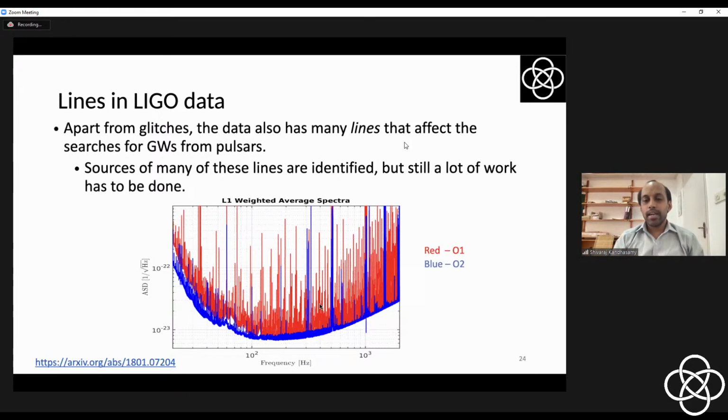But there has been a lot of improvement from one observing run to the next. For example, the blue curve is for the next observing run, O2, and you can see that after a lot of effort, we are able to remove a lot of these large lines that we saw in O1. So there is a lot of instrumental work that goes on to identify these noises. Either they could be glitches that happen for a short duration, or they could be lines that persist for a long time. So we do many of these identification efforts to remove both glitches and the lines in our data.